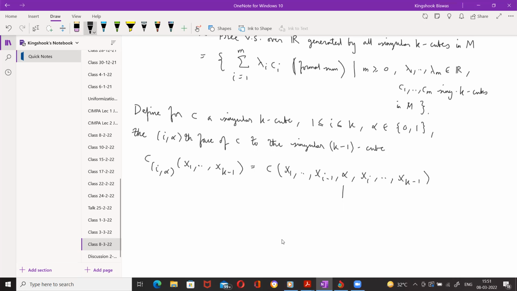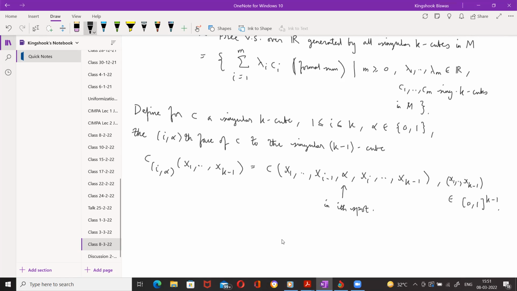So this is in the ith spot. Here x1 to x_{k-1} belongs to [0,1]^{k-1}.